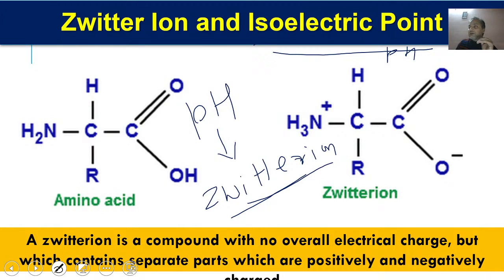What is a Zwitterion? It is an ionic form of a compound which has both positive charge and negative charge together on the same compound at the same time, so that the compound is electrically neutral and the overall charge is 0. That is called a Zwitterion. Is it clear?